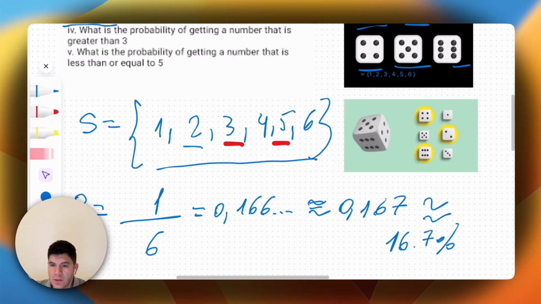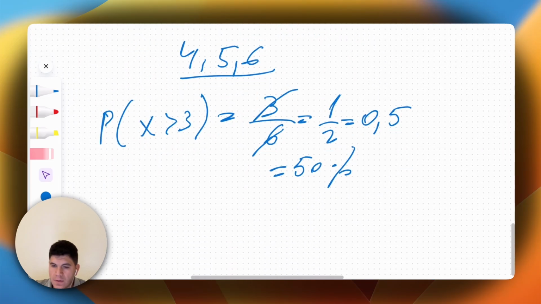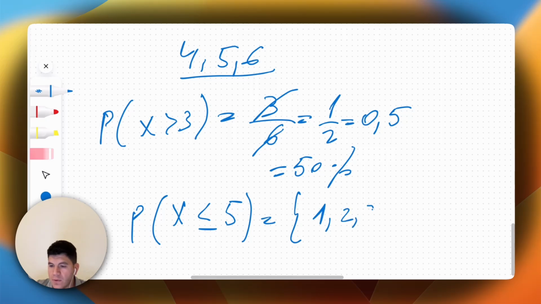In our last question, we have been asked what's the probability of getting a number that's less than or equal to 5. So here we need the natural numbers that are less than or equal to 5. I made a mistake here. So numbers less than or equal to 5 are everything except the 6. So it means 1, 2, 3, 4 and 5.